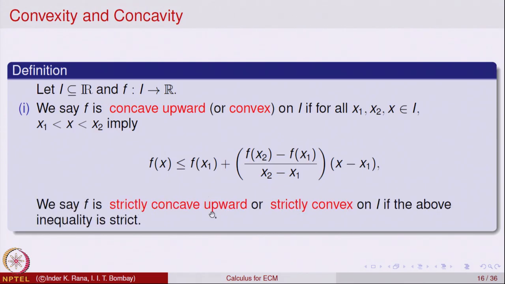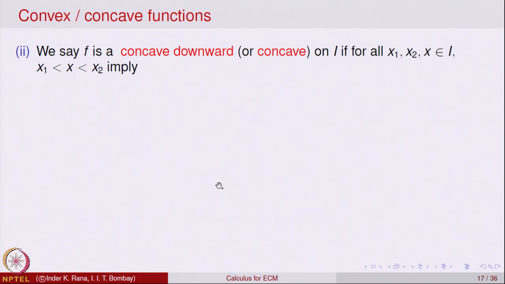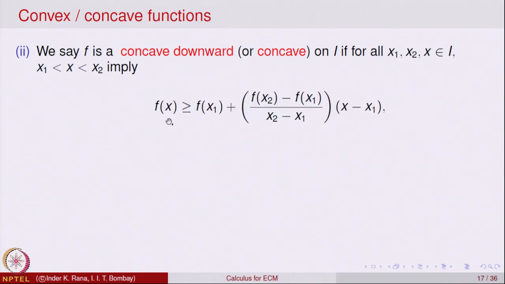And we say strictly concave up or strictly convex if this inequality, instead of less than or equal to, is strictly less than. Similarly, we will say concave downwards if the inequality is reversed, f of x is bigger.